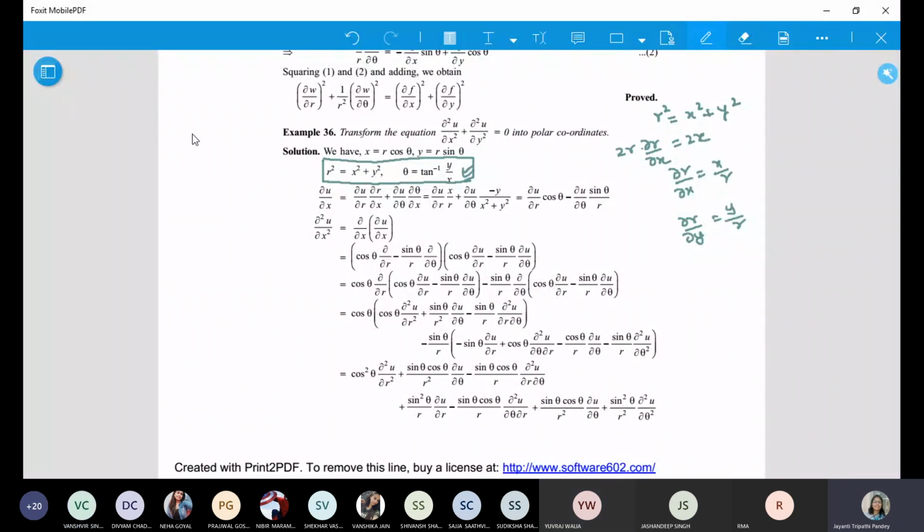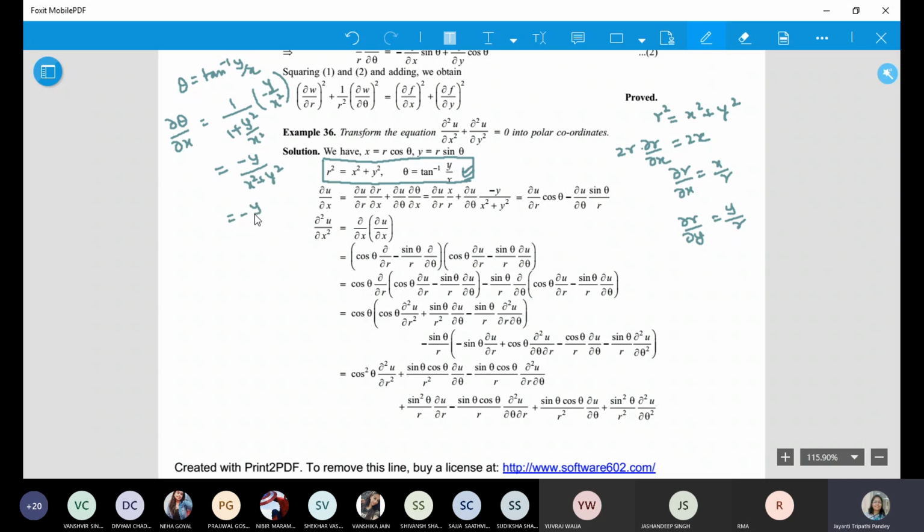Now let's see how we can differentiate theta. Theta is tan inverse y by x. So del theta by del x is, when you simplify, you will get minus y upon x square plus y square.